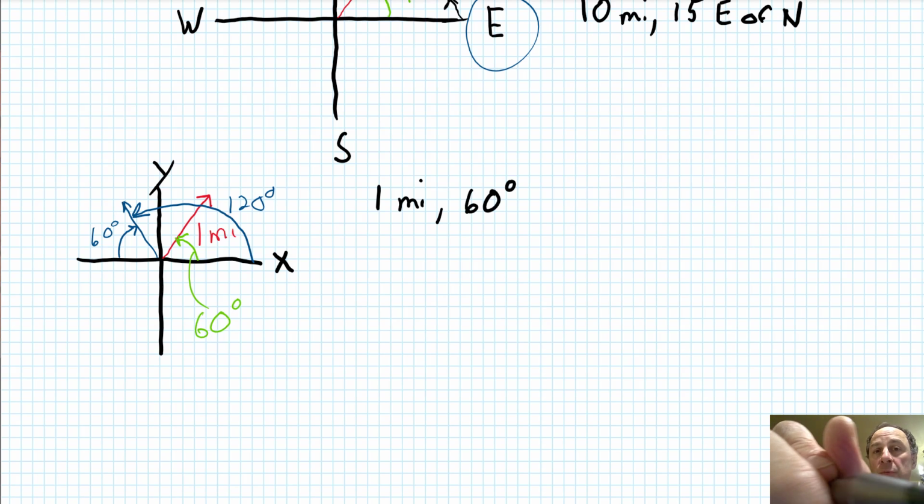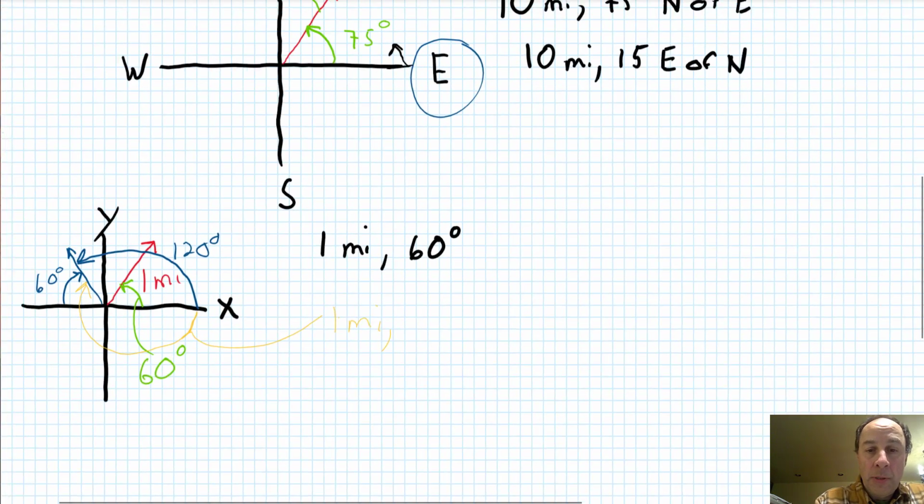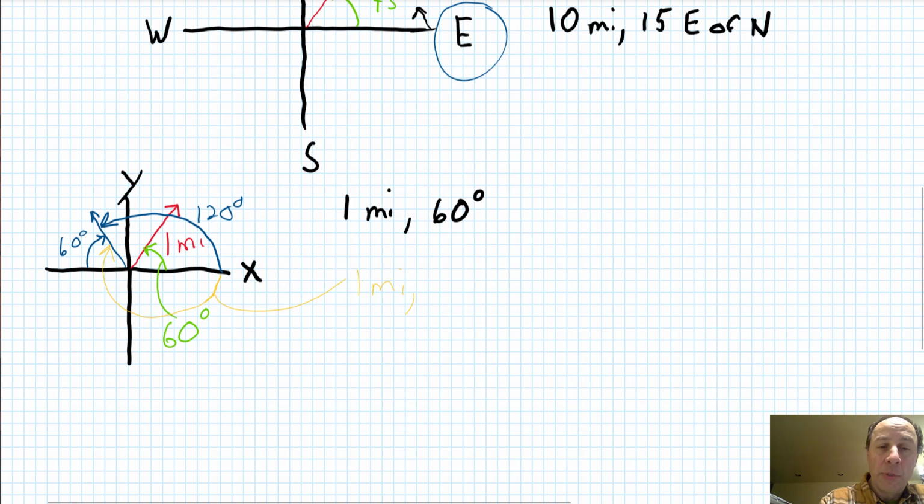If you measure in the opposite direction, those are considered negative angles. So this one right here would be 1 mile at 180 plus 60, which is 240 degrees.